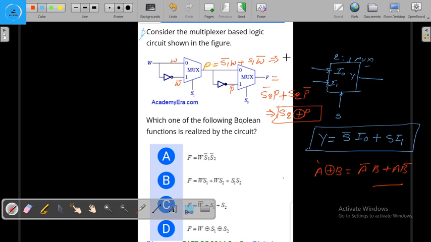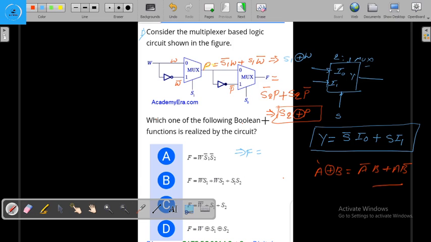So P will be equal to S1 XOR W, and F will be S2 XOR P. We have to put the value of P here.